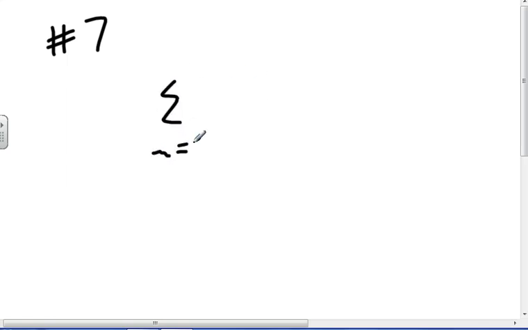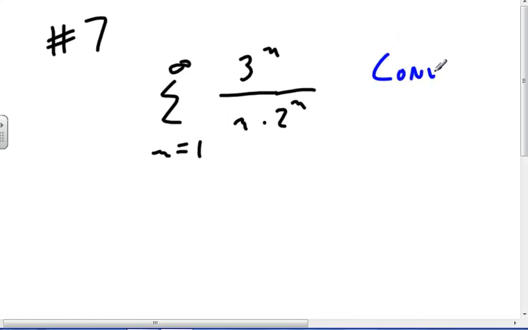summation n equals 1 to infinity, 3 to the n times 2 to the n. Okay, so gut feel, converge or diverge? Say diverge. Okay, that's very good. I'll go with converge. So this on the top is just 3 times 3 times 3, right?